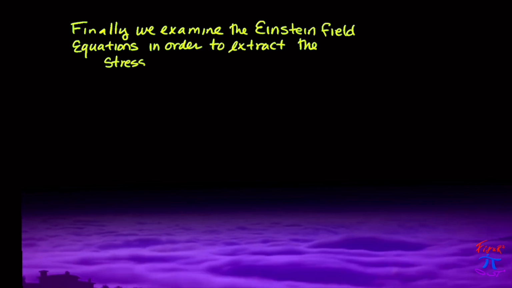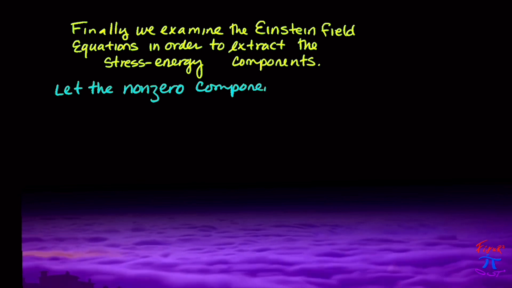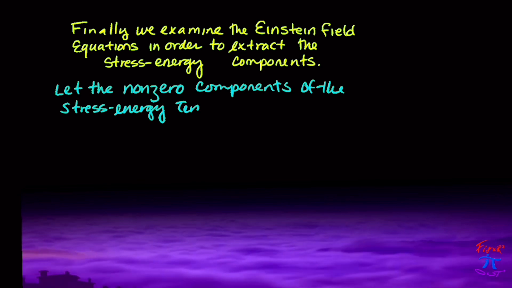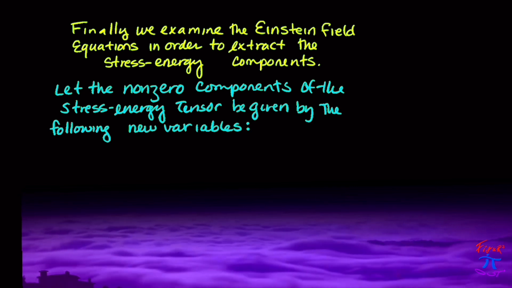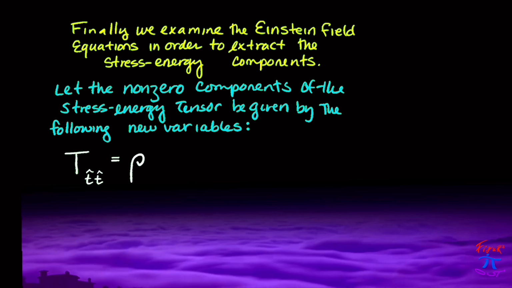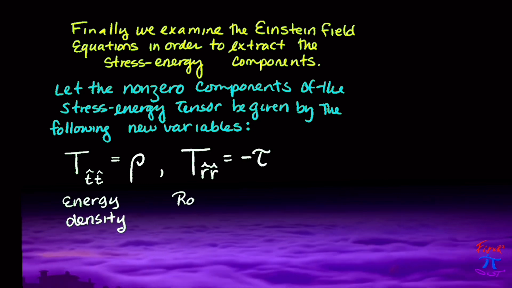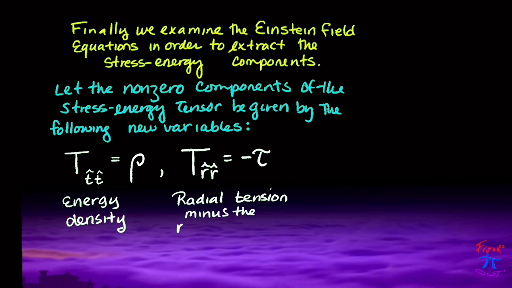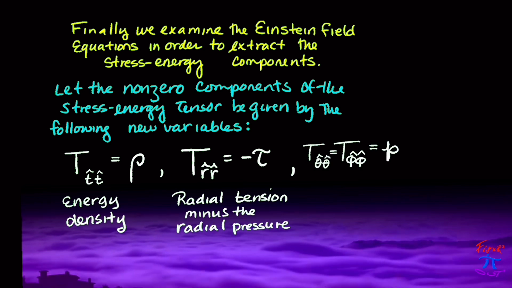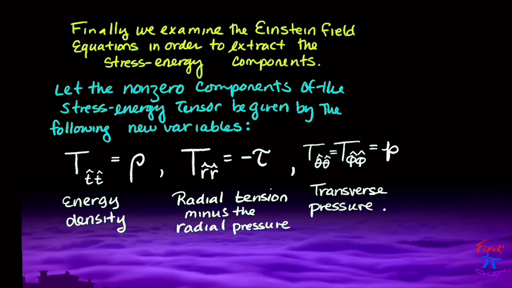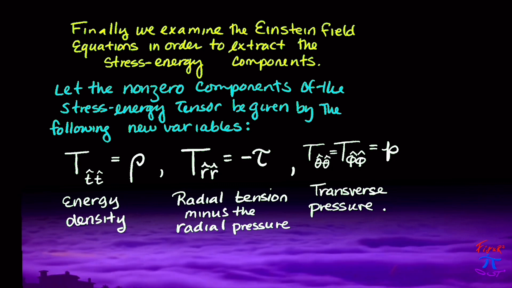Finally, we examine the Einstein field equations in order to extract the stress-energy components. And so we let the non-zero components of the stress energy tensor be given by the following new variables. Rho, which is the energy density in the time component, the radial tension minus the radial pressure being given by negative tau, and the transverse pressures being given by lowercase p.